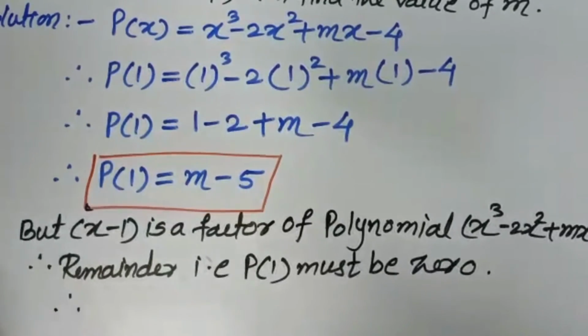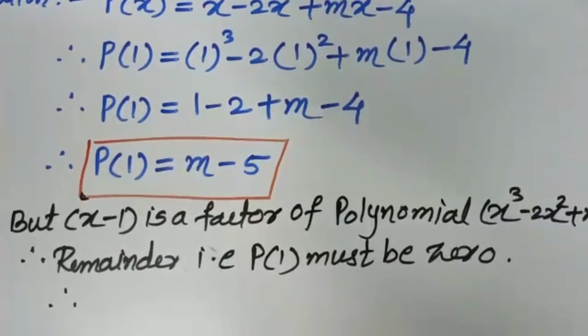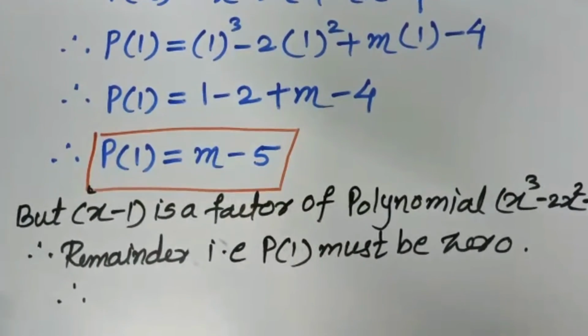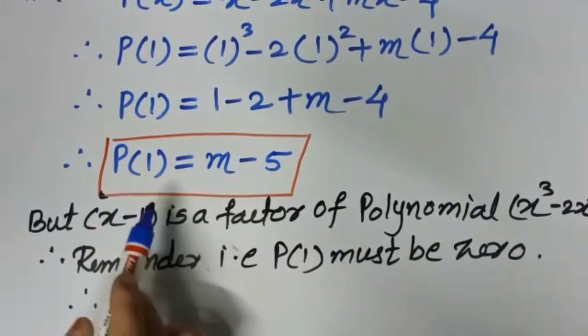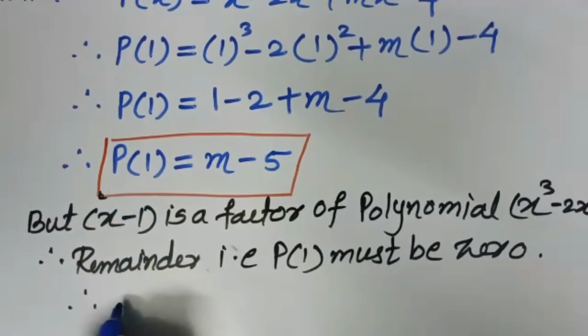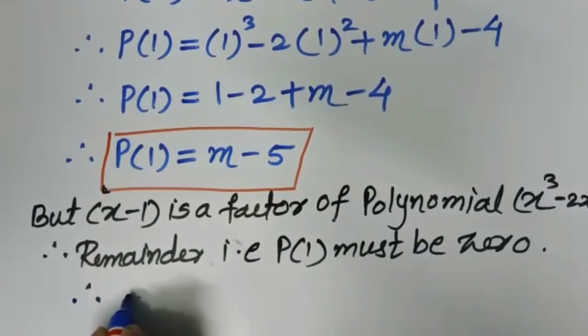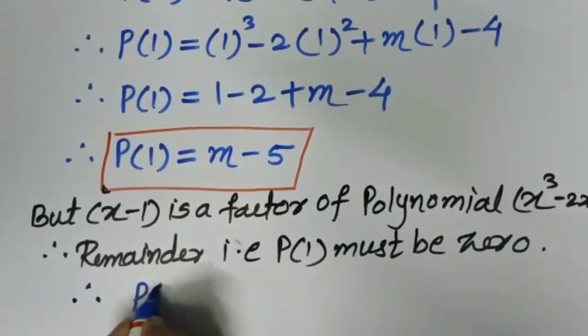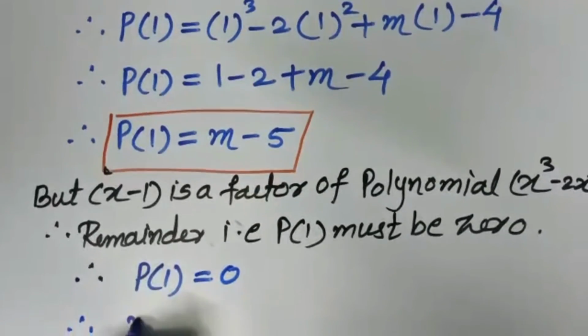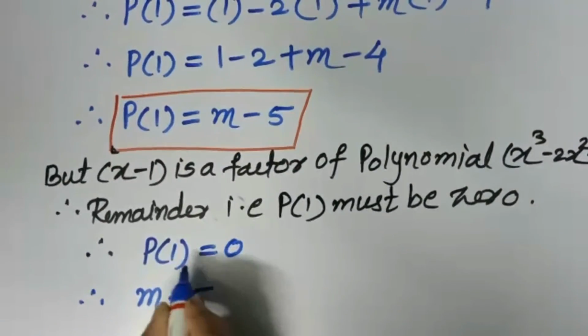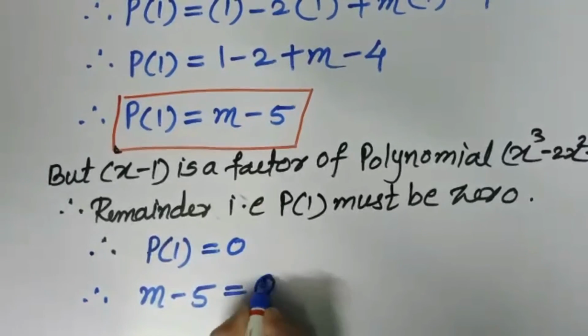Therefore m minus 5, which is p of 1, the value of the polynomial after putting x equal to 1. So here, therefore, p of 1 is equal to 0. Therefore m minus 5, which is the value of p of 1, is also equal to 0.